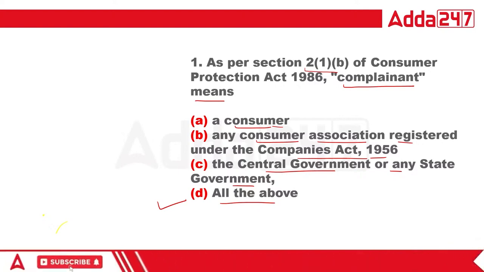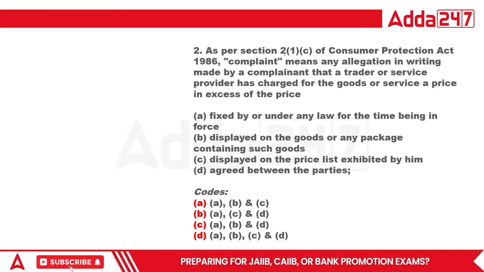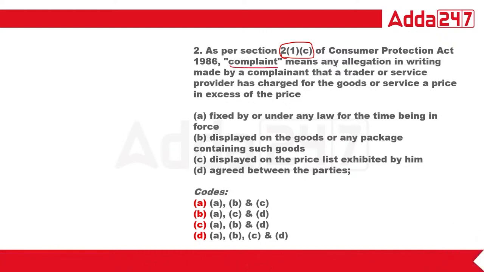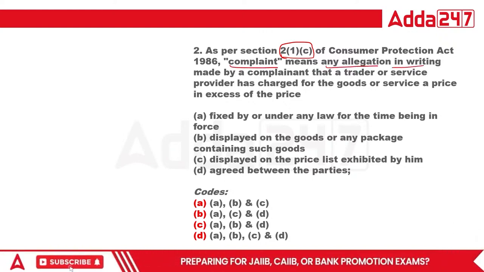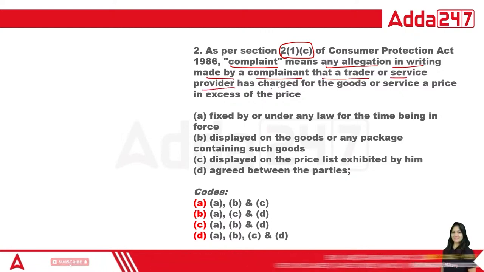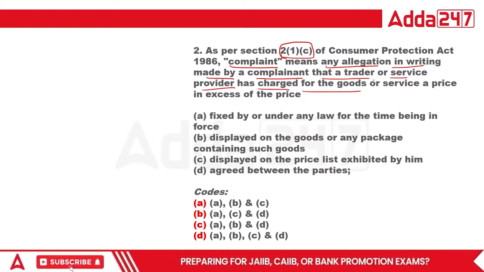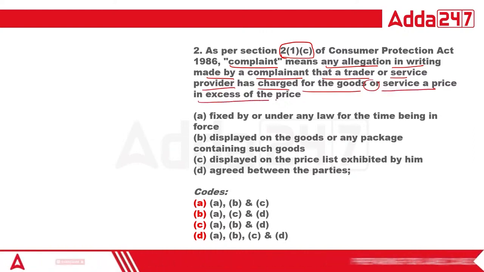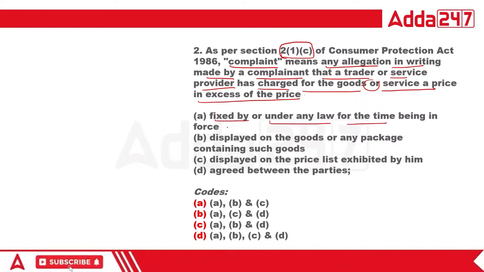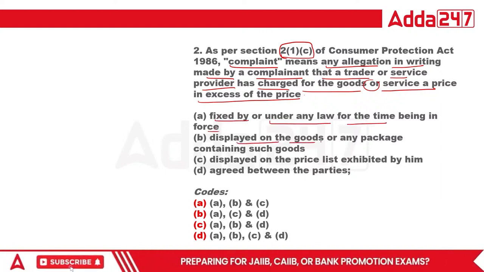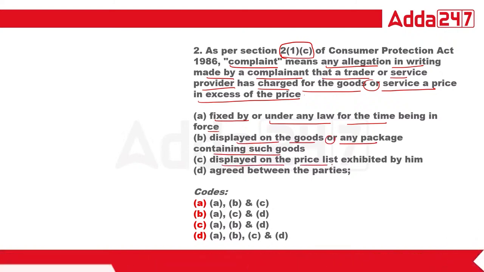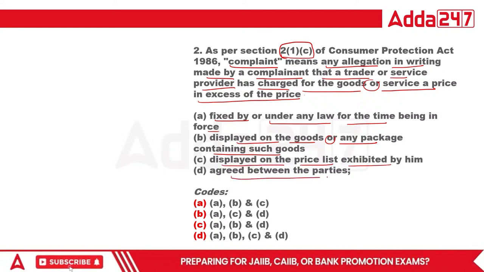Okay. Now, next question. As per Section 2, Clause 1, Clause C, the Consumer Protection Act, complaint means any allegation in writing made by a complainant that a trader or service provider has charged for the goods or service a price in excess of the price fixed by or under any law for the time being in force, displayed on the goods or any package containing such goods, displayed on the price list exhibited by him, or agreed between the parties.